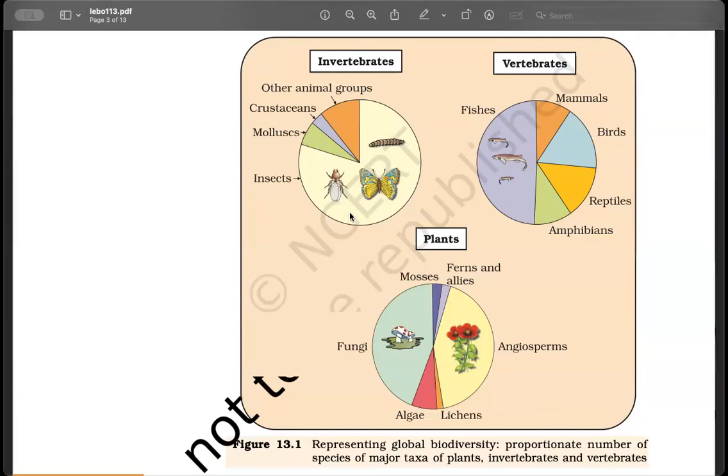Remember that? The largest phylum. Yes, in the animal kingdom, the most diverse phylum is Arthropoda. But Arthropoda does not only contain insects, it also contains spiders, right, which are not insects.